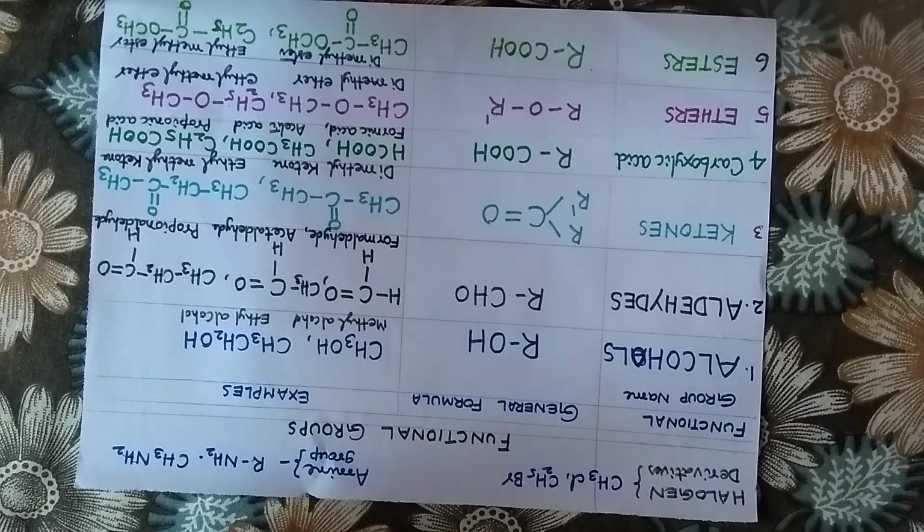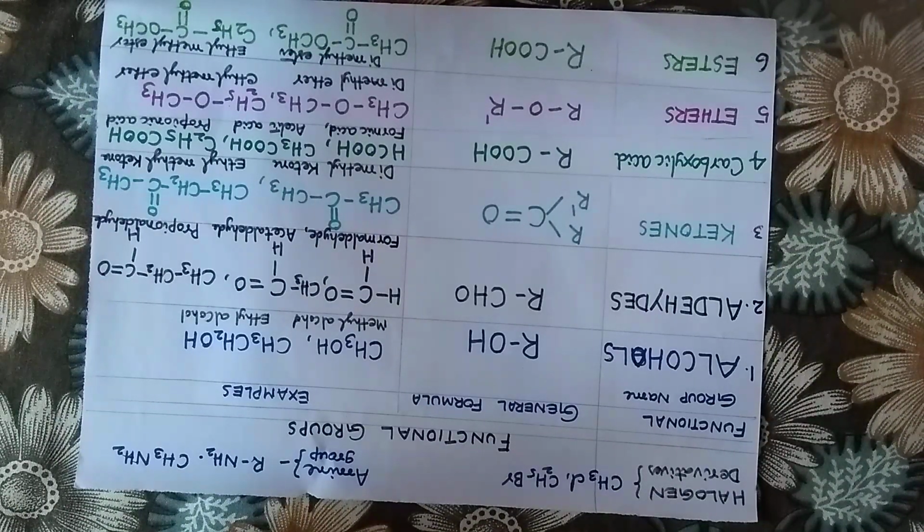The next is carboxylic acid, RCOOH. So RCOOH, that is HCOOH, formic acid, CH3COOH, acetic acid, C2H5COOH, propanoic acid. Similarly, ether, the general form is at the center O, on one side R and another side R dash. I told you already, R and R dash are alkyl groups.